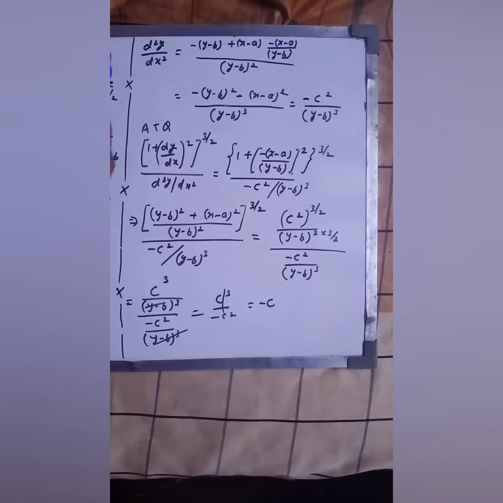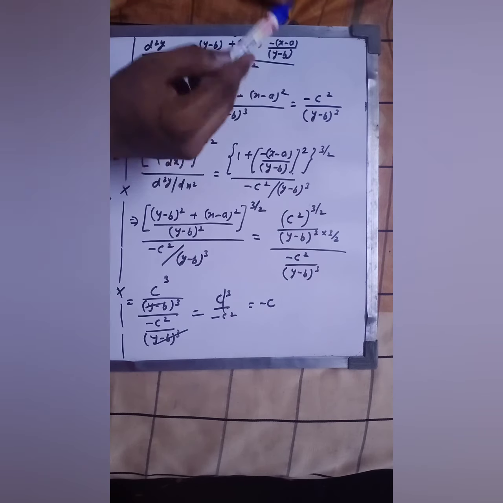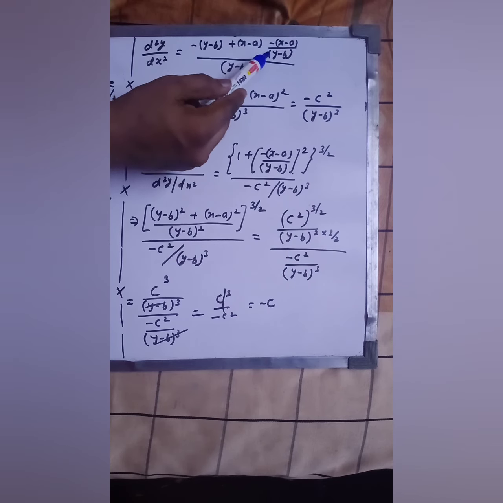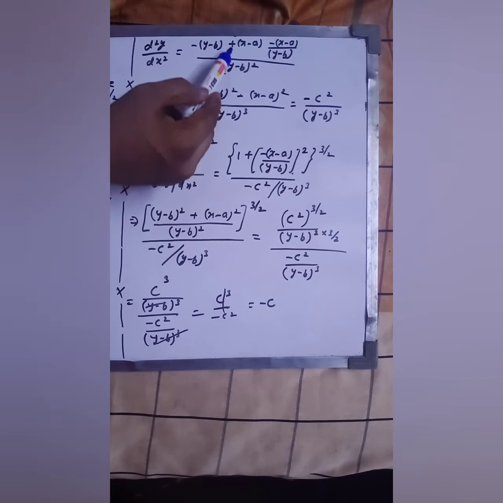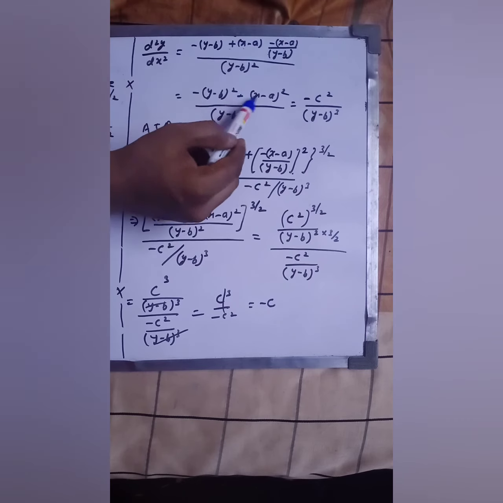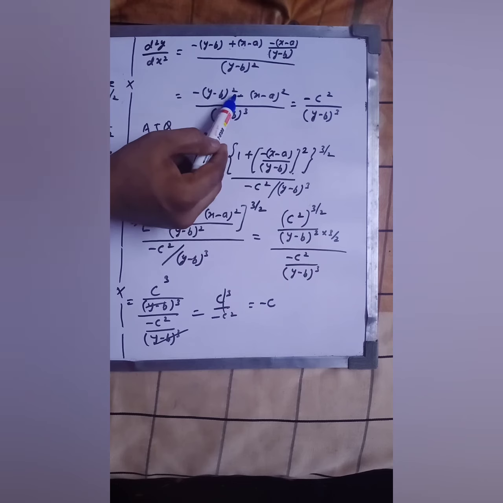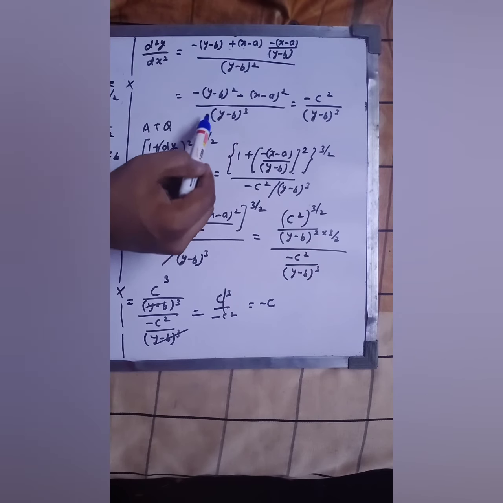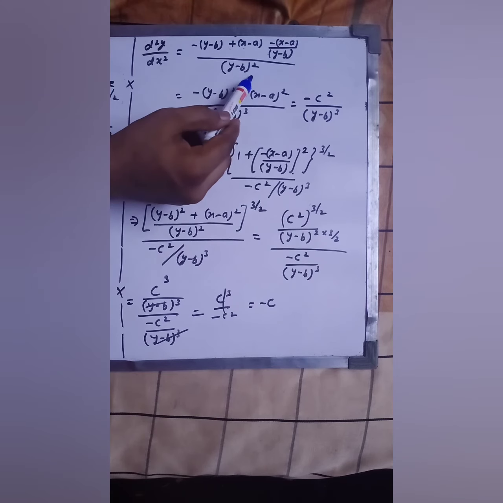So here your double derivative equals minus y minus b plus x minus a. On simplification you will get this, and in place of dy by dx I'm putting this value. Now you have to take the LCM. This y minus b will multiply to give y minus b whole square plus x minus a whole square, and this minus sign will change this sign, and in the denominator you have to write y minus b whole cube, because this y minus b will come in the denominator also.